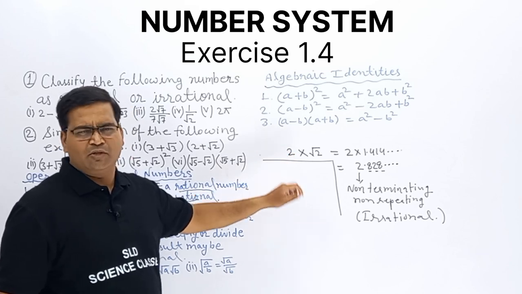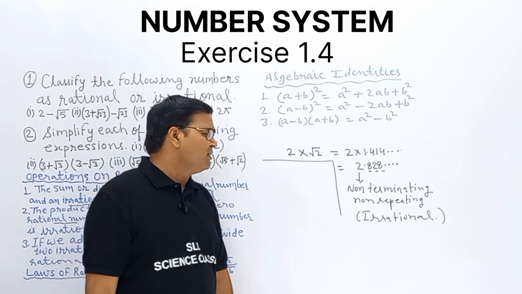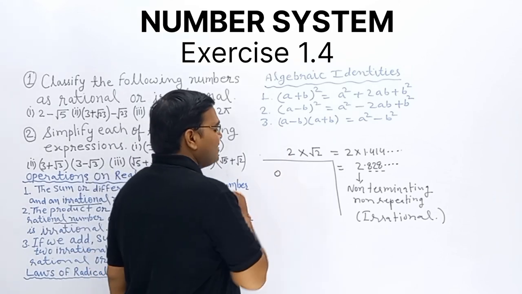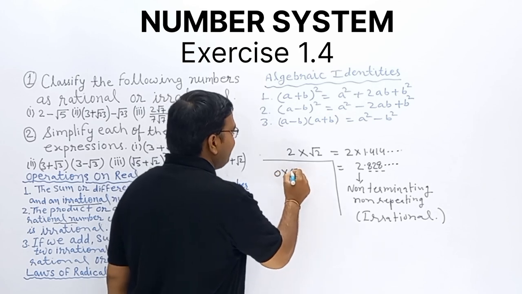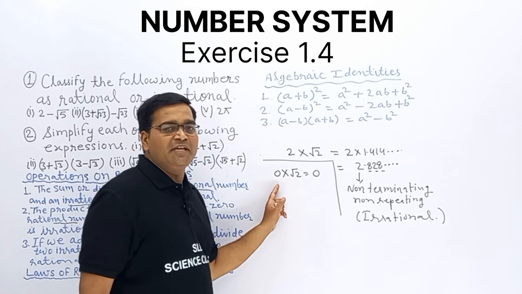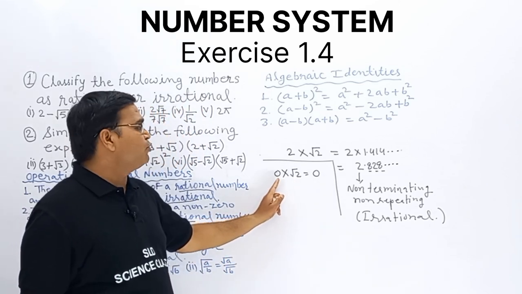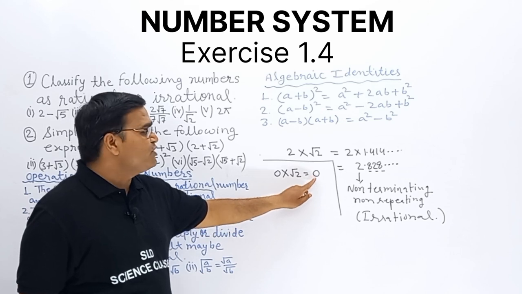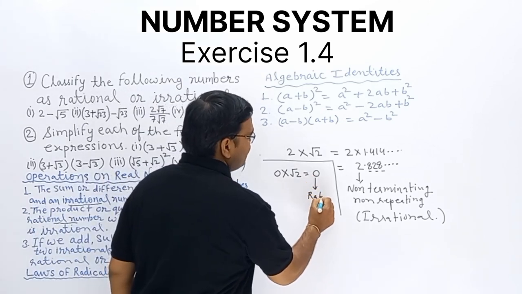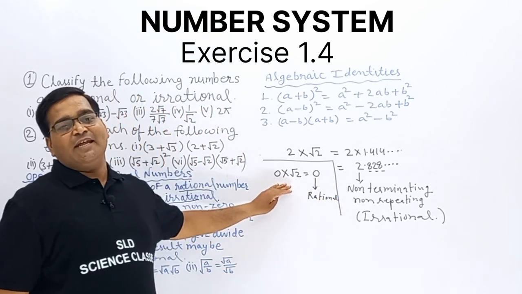Now what will happen when we take zero as a rational? Zero is a rational. 0 is an integer, and all integers are rational numbers. So once we take 0 as a rational and multiply by an irrational, result is 0. It is a property: whenever we multiply any number by 0, the result will be 0. So this is rational. So what can we say?